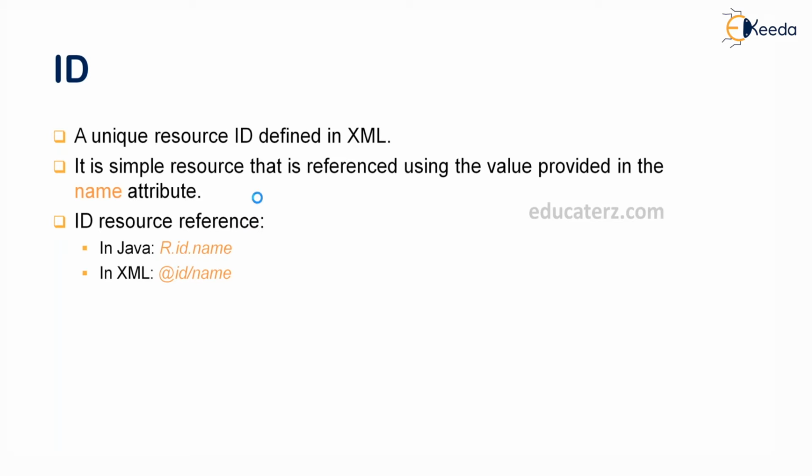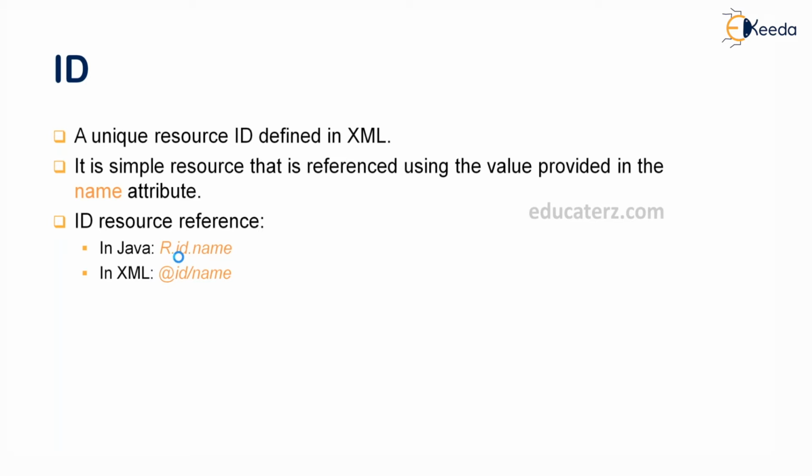If you have created an ID, it can be referred in the XML with @id/name. When you are creating it, it will be @+id/name. When you are referring in the XML, it will be @id. There won't be any plus symbol.